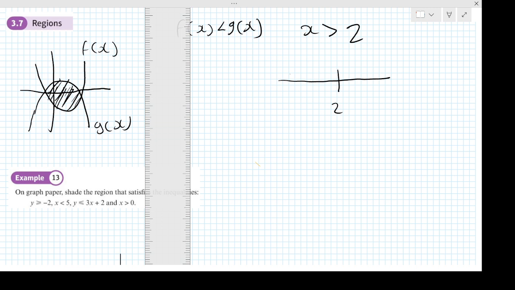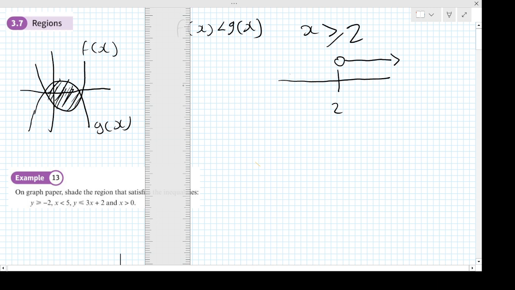If we have 2 here, we can represent this inequality graphically on the number line by a hollow circle. So a circle is not filled in, and then obviously it goes outwards like that. But the whole idea is we do not fill in the circle because we're excluding 2. It cannot be equal to.